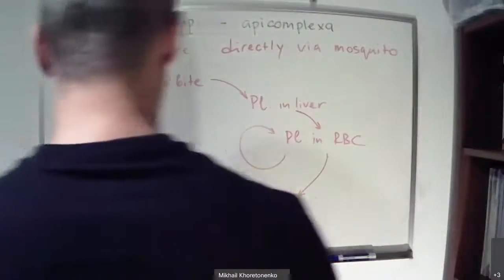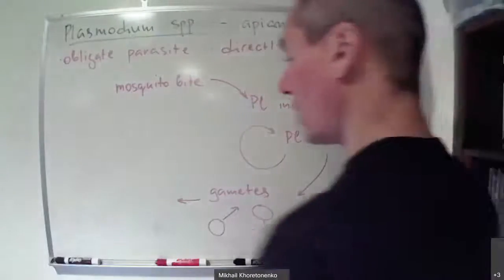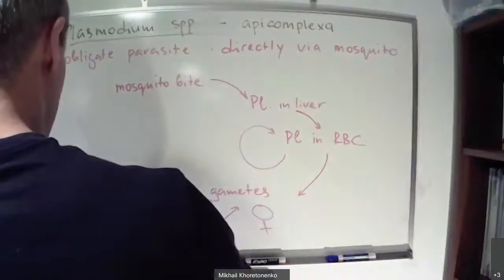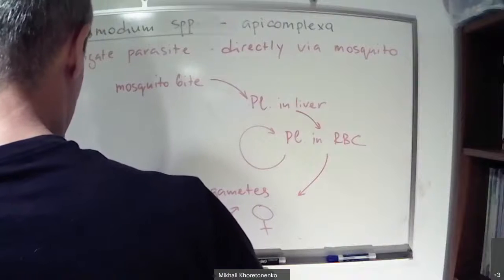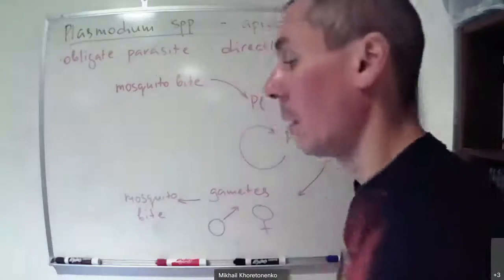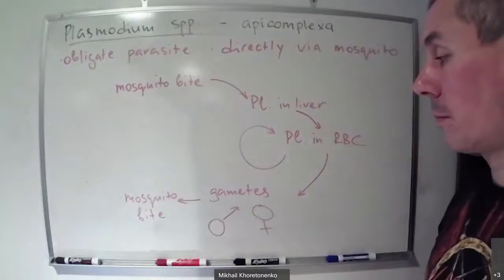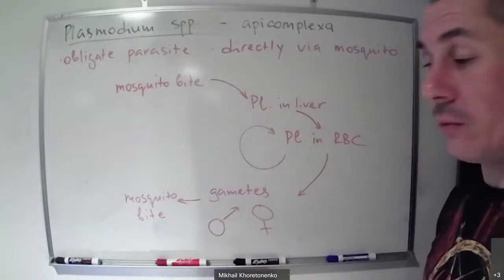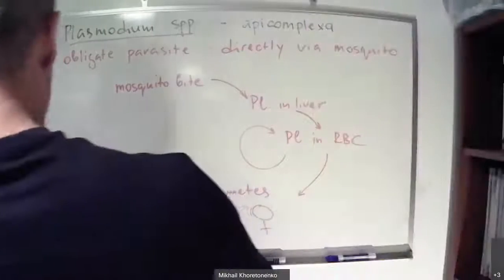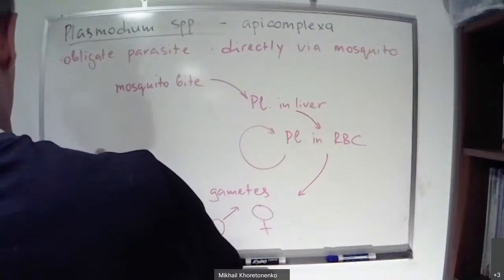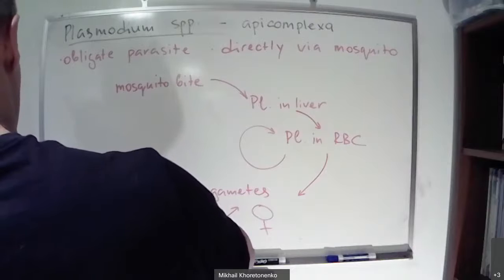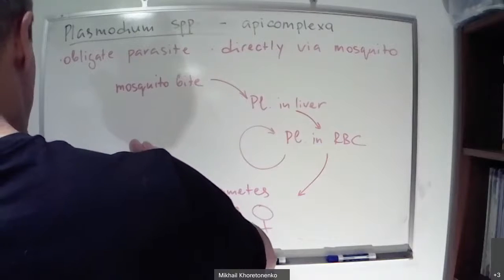The sexual cells, the gametes, get into the mosquito when a mosquito takes a blood meal, so another mosquito bite. And in the mosquito, male and female gametes fuse, forming a zygote, in the mosquito.